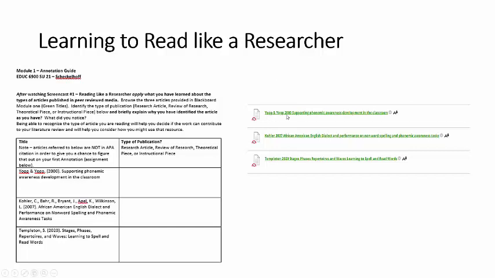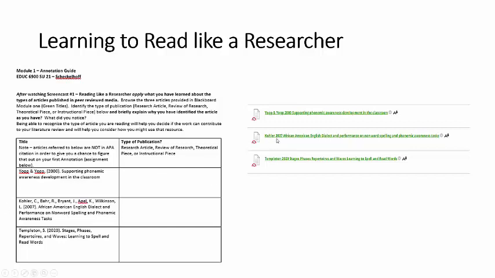You want to determine if Yopp and Yopp 2000 is a research article, a review of research, a theoretical piece, or an instructional piece. And you're going to write it here, but I also want you to briefly explain why you think it is that kind of article. So I think that this is an experiment, this is a research article because I see, and then talk about what you saw that convinced you.